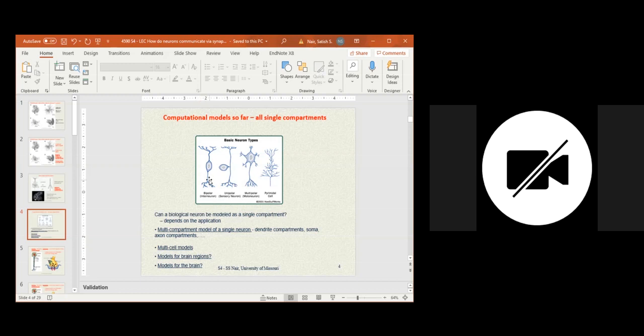And then you take these models of single neurons, and then you make networks of multiple cells. And then models of brain regions themselves. And then the idea is that we could have a model for rodent brain. There are groups around the world working on that.